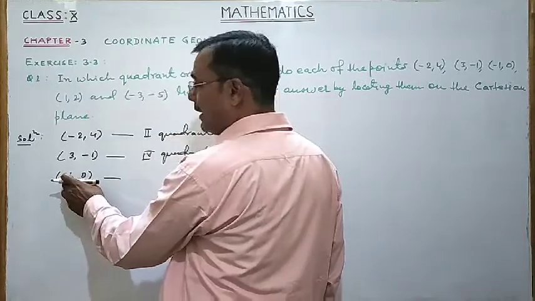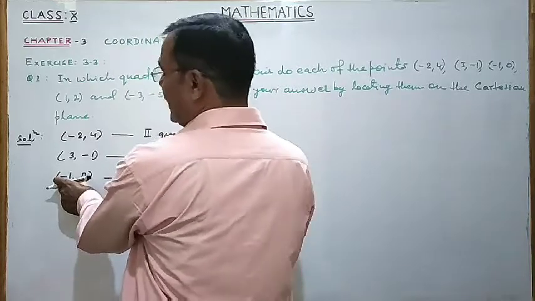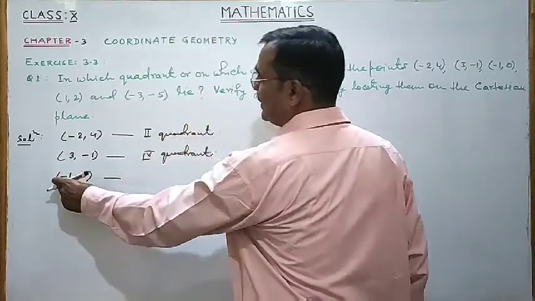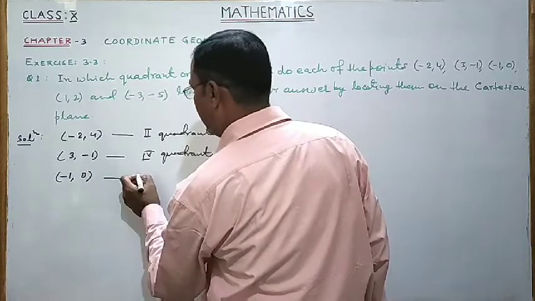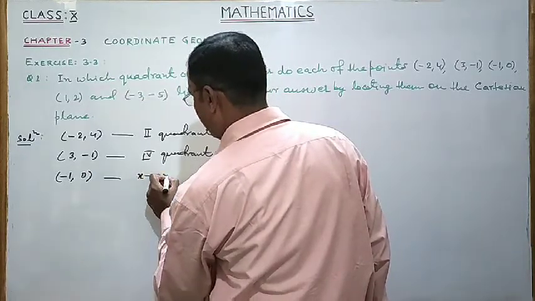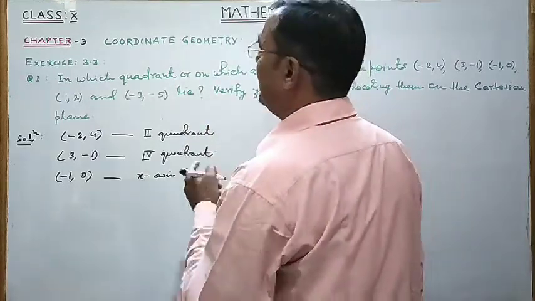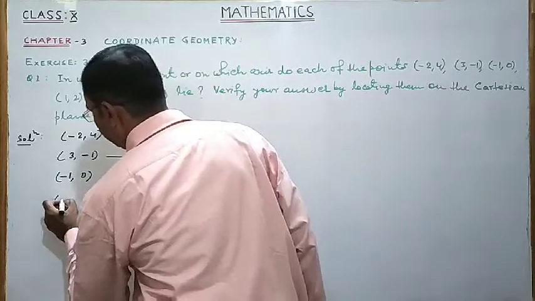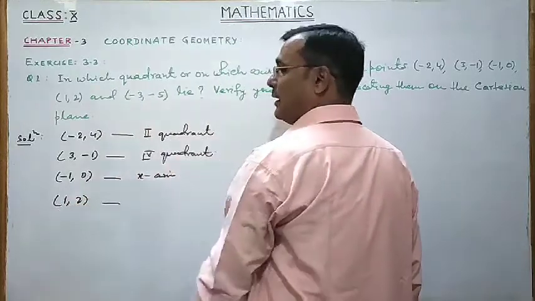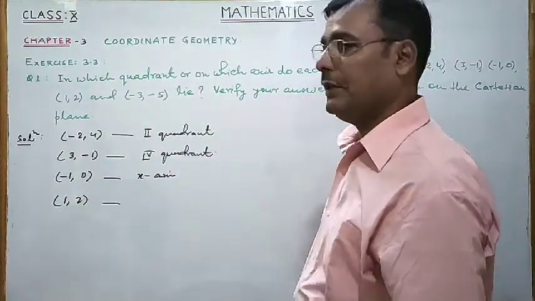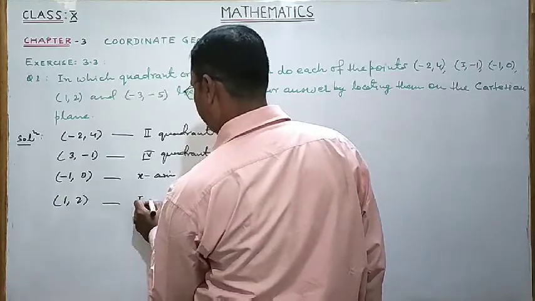X coordinate is negative, so this point lies on negative part of x-axis. So you can write this point lies on x-axis. Next point (1, 2). X and y both the coordinates are positive, so this point lies in first quadrant.